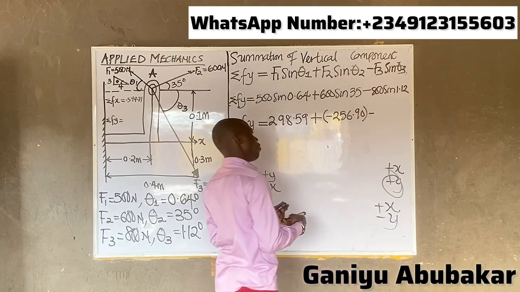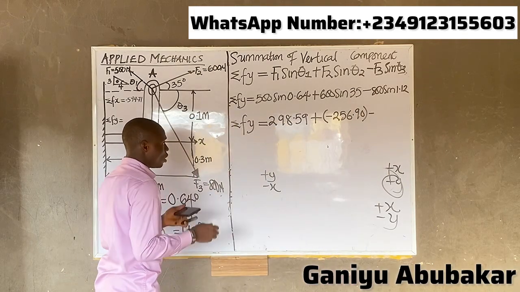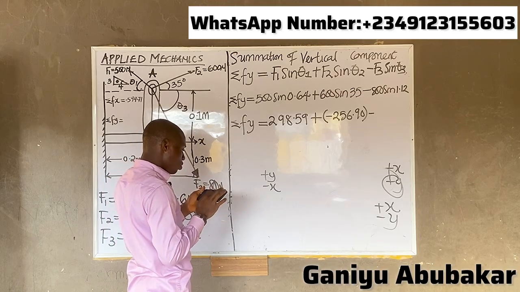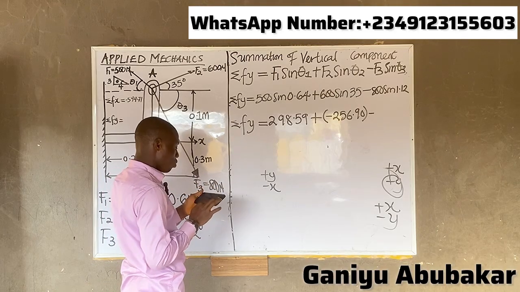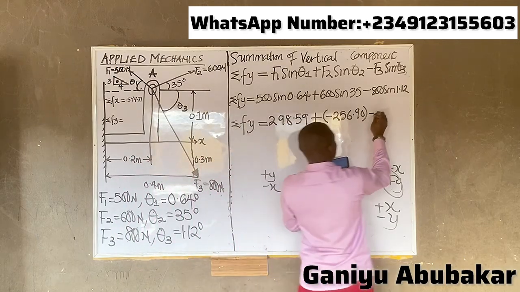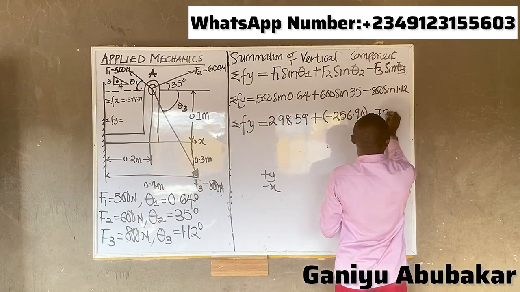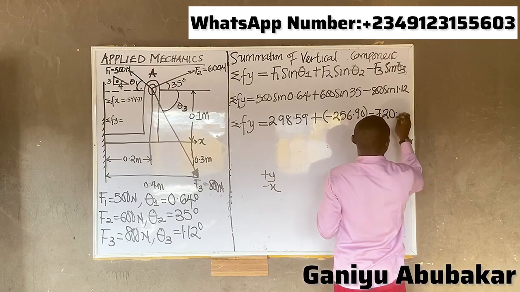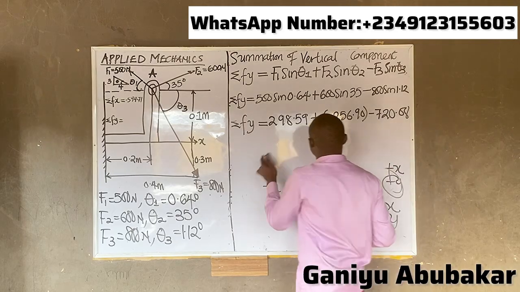Minus 800 sine 1.12, this one gives about 720.08. So work on this one here.